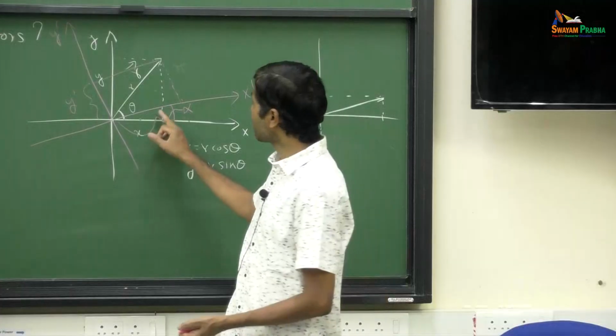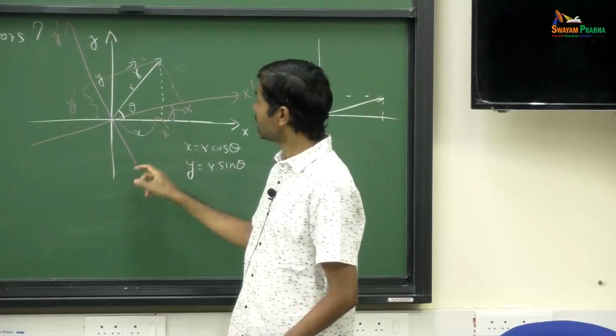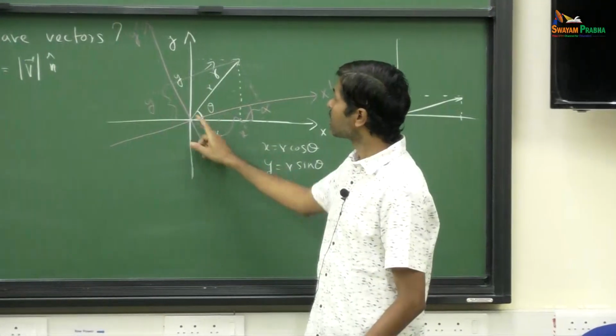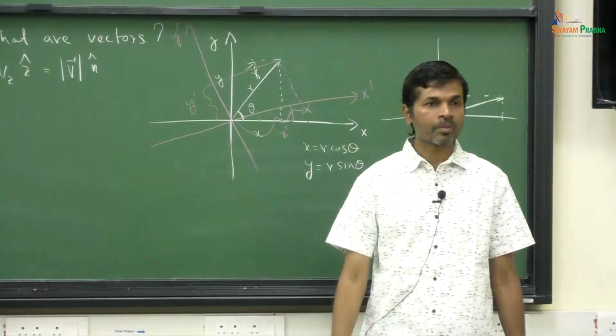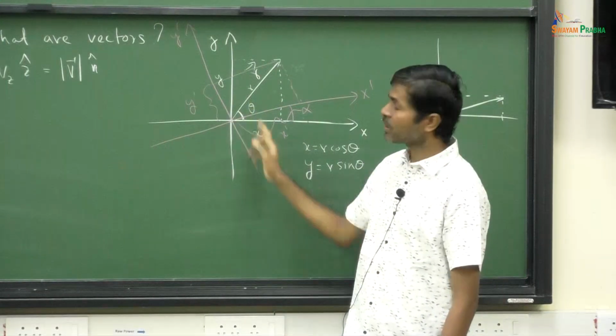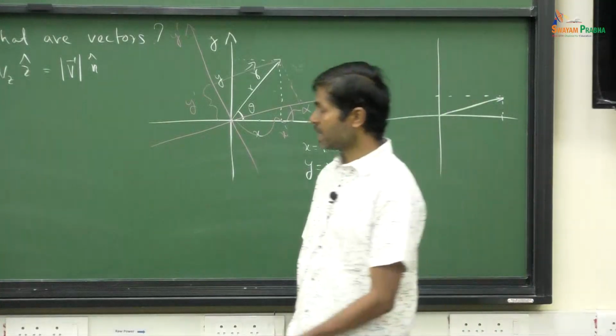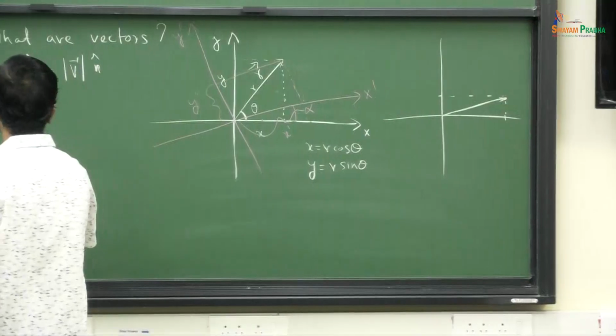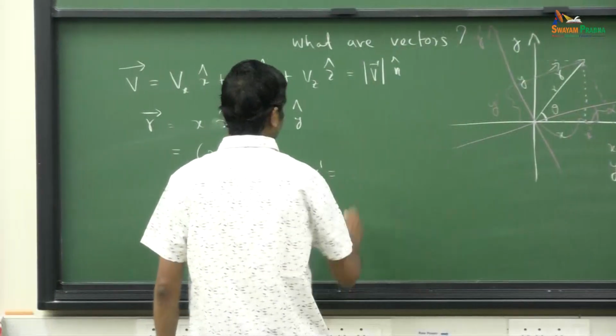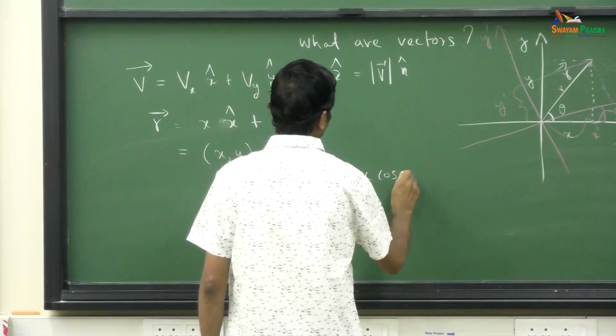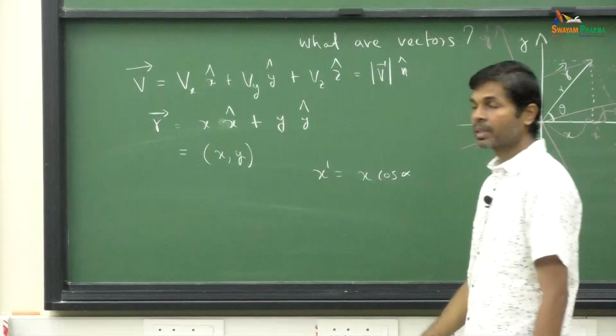For example, because this angle here is alpha, although x, y are different from x prime, y prime, they are related to x and y in an interesting way. How are they related? x prime is x cos alpha, right? This angle is alpha.